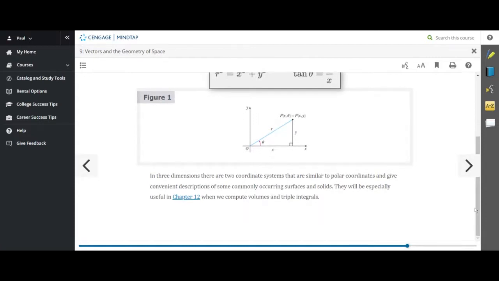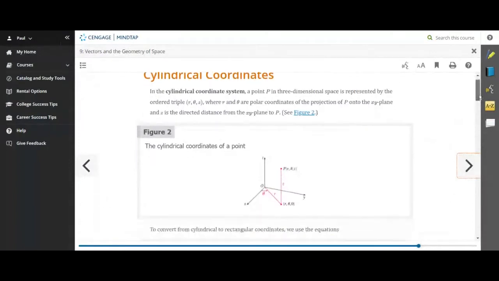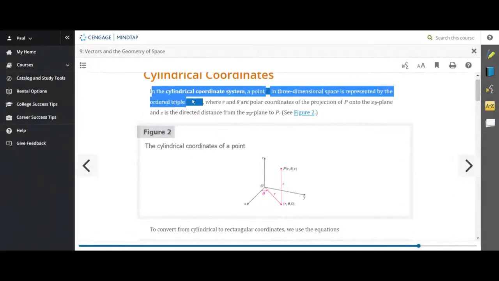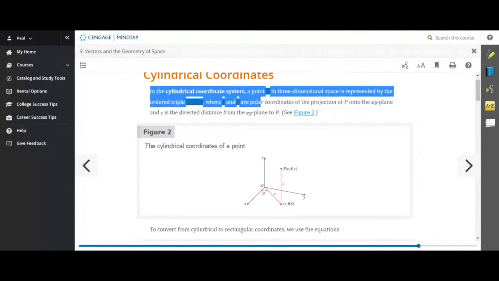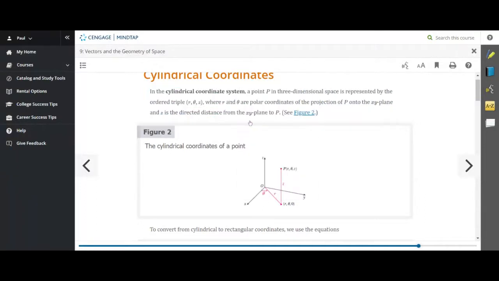So what is a cylindrical coordinate? In cylindrical coordinates, for 3 dimensions, instead of an x, a y, and a z coordinate, you have a radius coordinate r, an angle coordinate theta, and a z coordinate, which is just z.